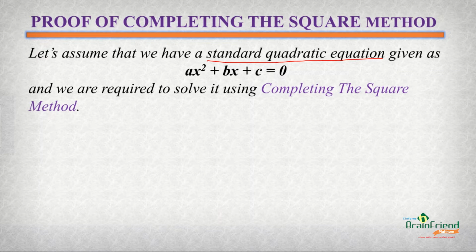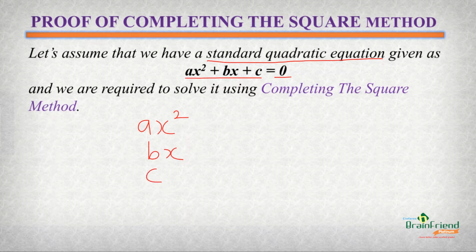A standard quadratic equation has the x squared term, the x term, and the constant all in the left hand side, and they are all equated to 0 on the right hand side. In the equation we have, a is a coefficient of x squared, b is a coefficient of x, and c is a constant.